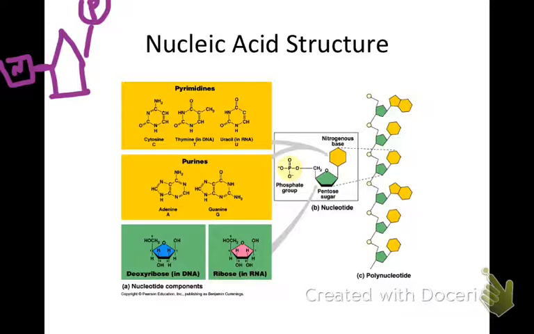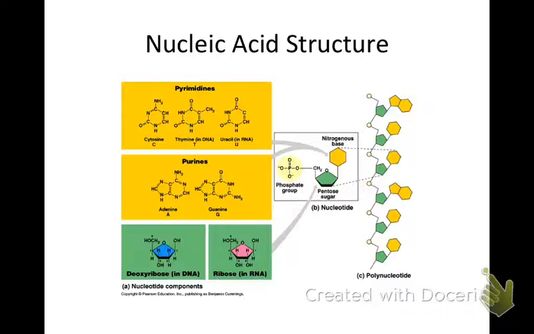And then we have 2 types of nitrogen bases. We have pyrimidines and purines. So let's draw a pyrimidine and a purine. Let's erase our little nucleic acid real quick. Right up here, these are pyrimidines. So let's draw us one.